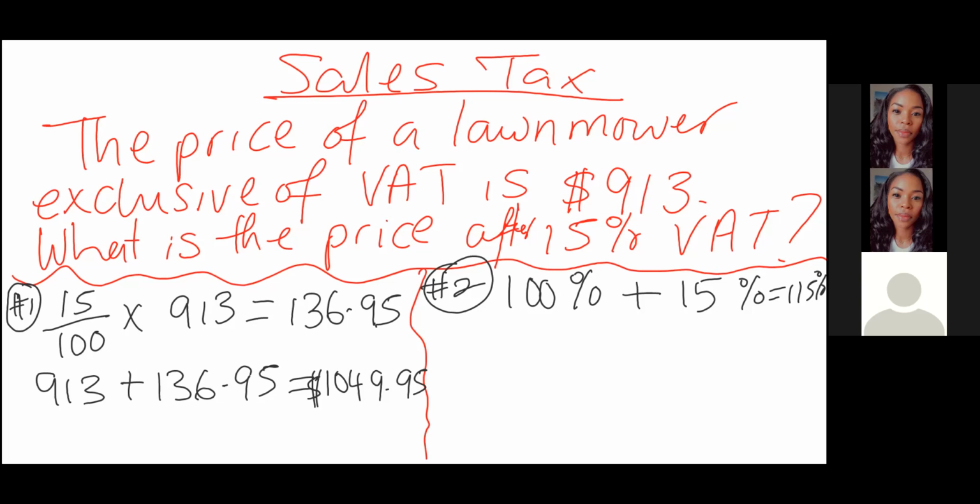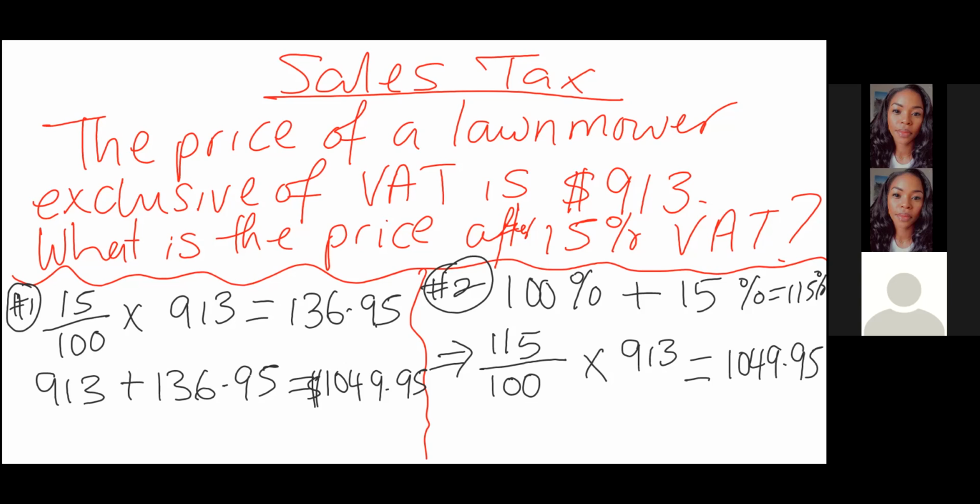So it's the same way from before. We can say put the 115% over the 100, which is what we have, and multiply it by 913, which will give us 1049.95. Remember when we did the discount example and we were explaining how to put what over what?